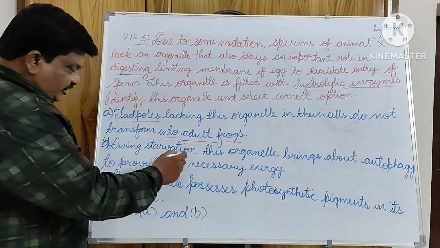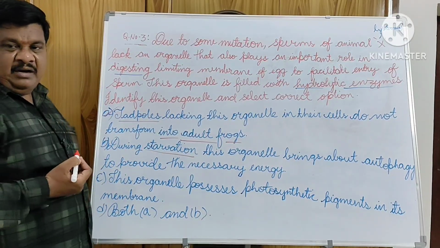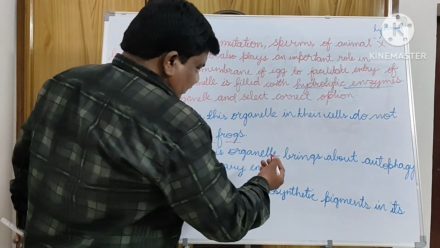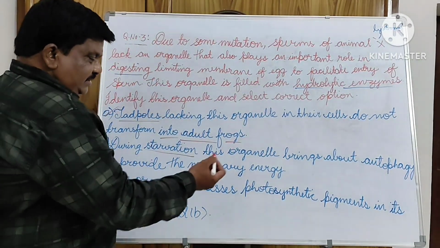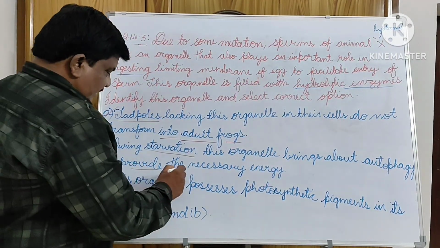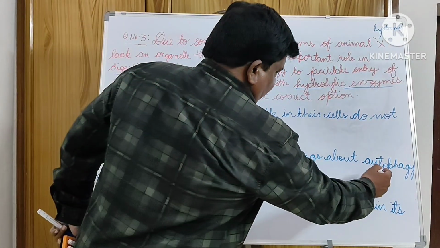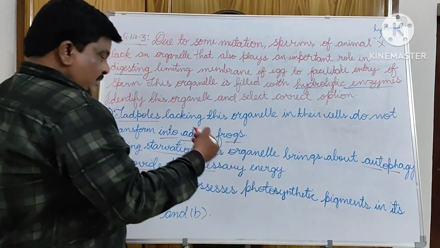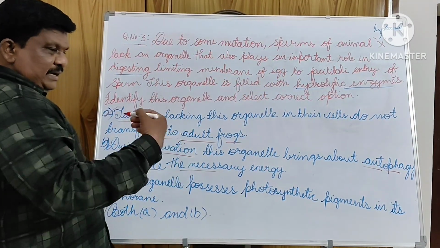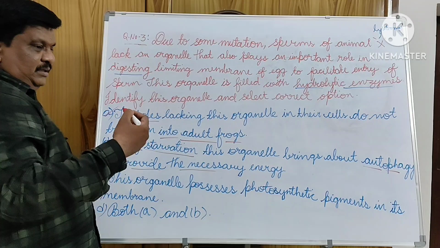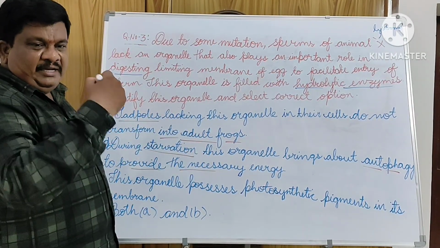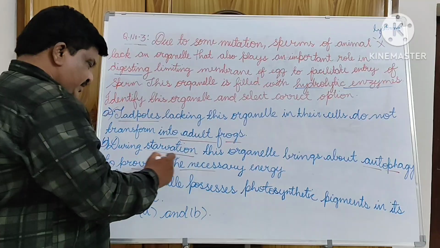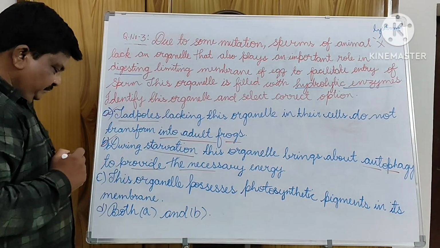During starvation, when they are not taking any food, this organelle brings about autophagy to provide the necessary energy. Autophagy means they are using hydrolytic enzymes to digest the organic stuff present in the cells. It does cellular digestion and provides the necessary energy. So this is also correct.